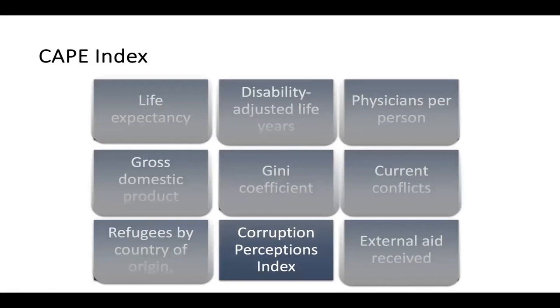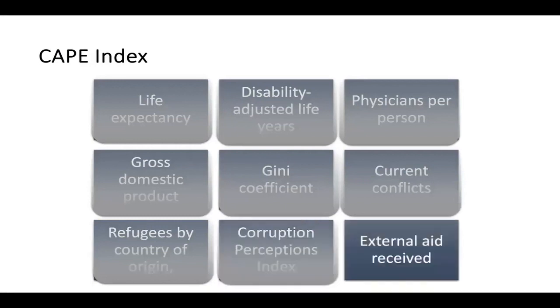This index is a ranking system based on perceived levels of public sector corruption as judged by experts and opinion surveys. And finally, external aid funds per resident population. The value of external aid received from development assistance committee countries. The proportion of the amount acquired and the resident population in the country is calculated.